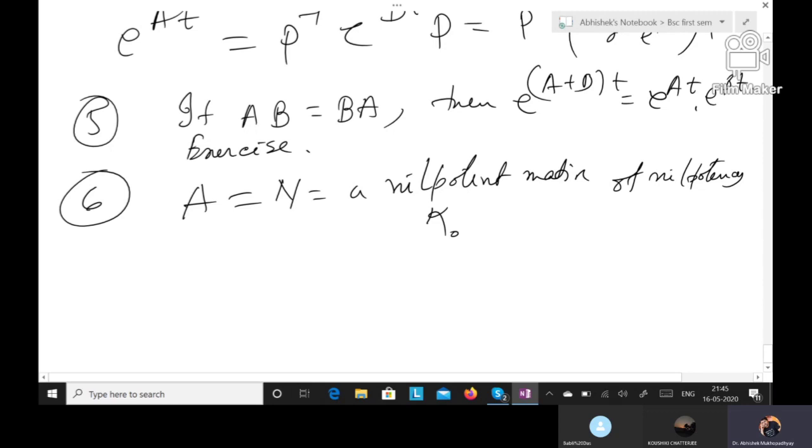So taking all those k for which A to the power k is 0, you will see that this set is a non-empty subset of the set of naturals, and for that reason, by the well-ordering principle, this set must contain a least element. That is, there exists a least positive integer k naught for which A to the power k naught is 0. This k naught will be defined to be the nilpotency of the nilpotent matrix A.